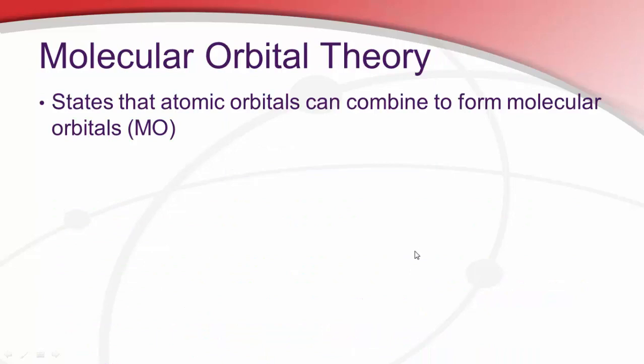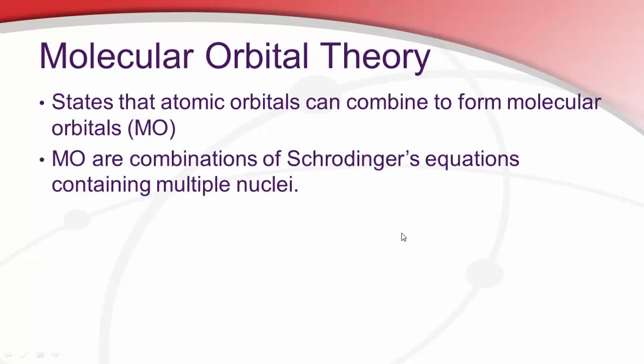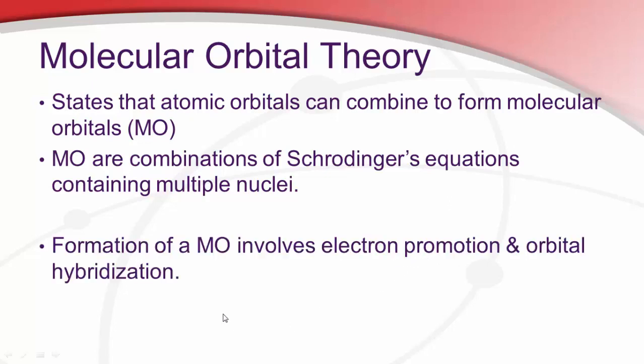Well, molecular orbital theory was updated then to cope with this idea. And so in addition to the standard theory where we talk about molecular orbitals as combinations of Schrödinger's equations containing multiple nuclei, molecular orbital theory was updated to consider this idea of electron promotion and orbital hybridization.